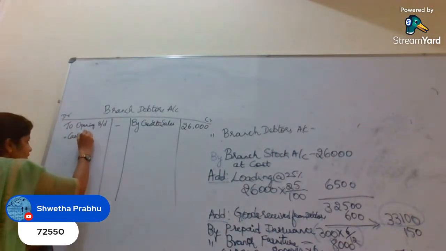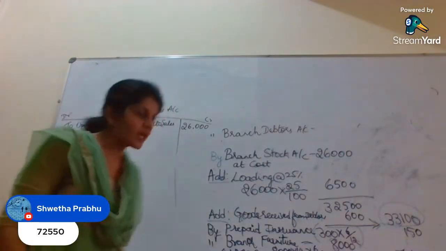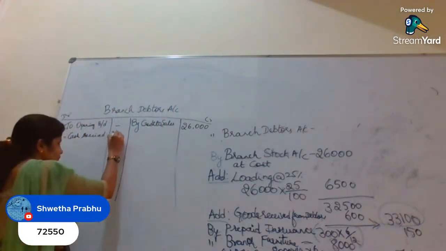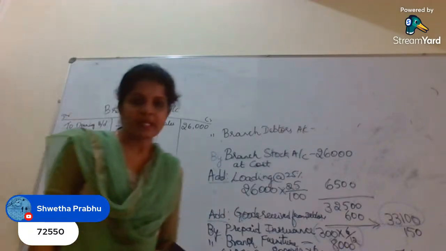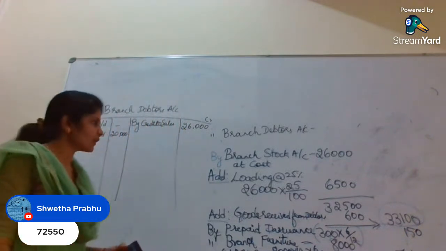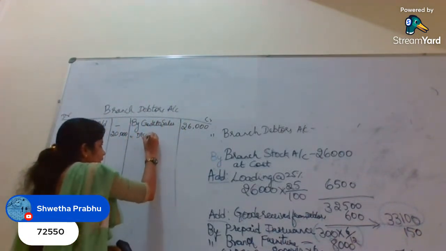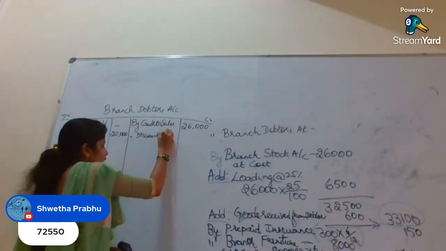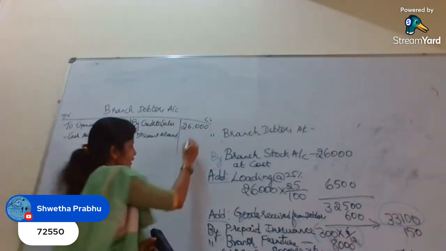What is the amount of cash received from debtors? 20,000, which will be credited. Next, discount allowed to debtors, which will be credited by discount allowed. What is the amount of discount allowed? 200 rupees.